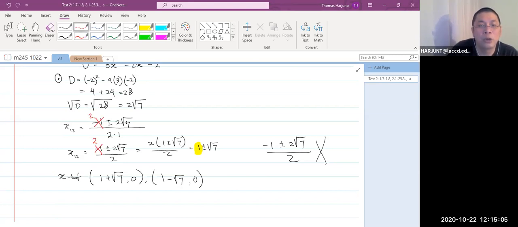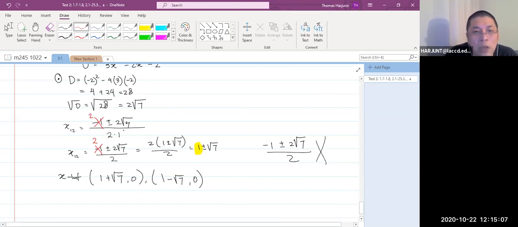With me showing the work properly, I will be able to say, oh yeah, that's right, the a is supposed to be 3. You see what I mean? That's the importance of showing work properly.